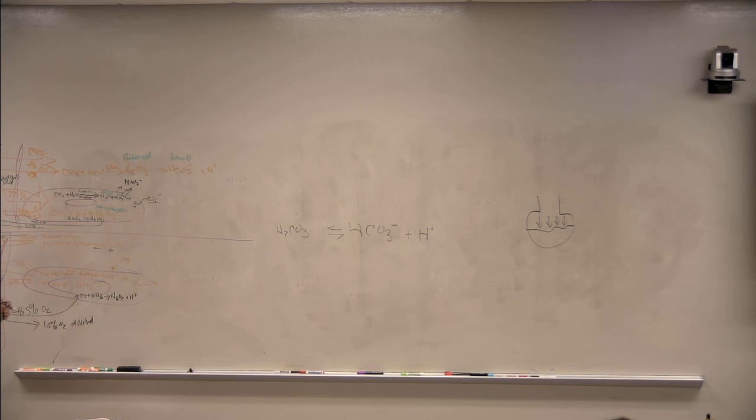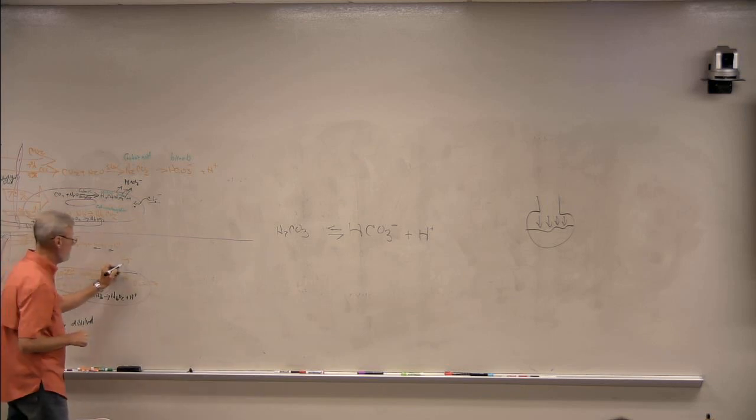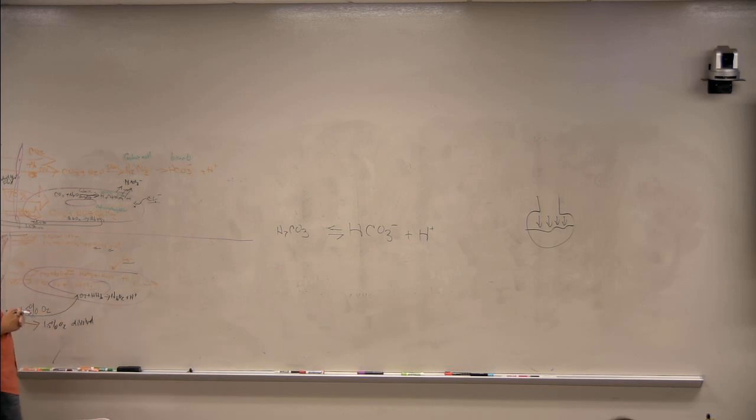Now, here we go. We said the bicarb went outside. The bicarb comes back inside the red blood cell. It gets hooked up with a hydrogen to form carbonic acid. Remember, carbonic anhydrase inside the red blood cell helps us split it into water and CO2, and that's how 70% of the CO2 goes into the alveolus.